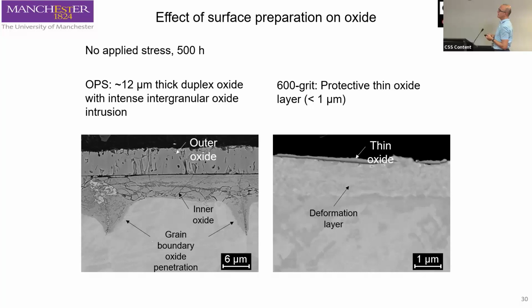Conversely, if you have a ground surface, you have a very thin oxide that forms on top of the ultrafine grain layer that is associated with the pre-oxidation surface preparation. So that was the case when the sample was subjected to no stress.